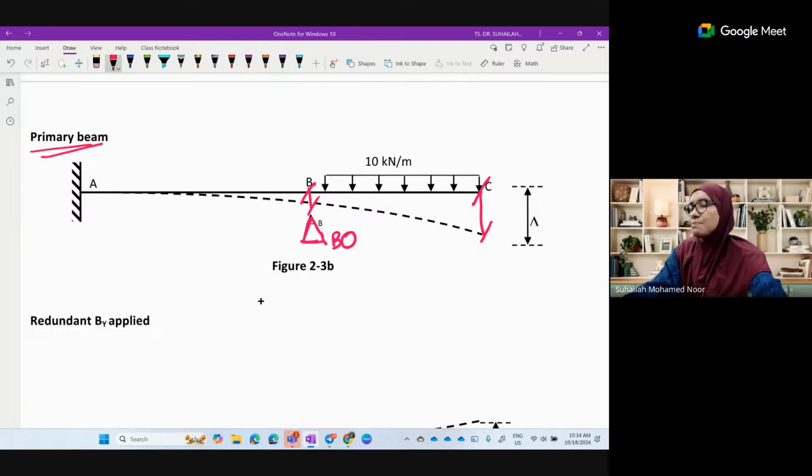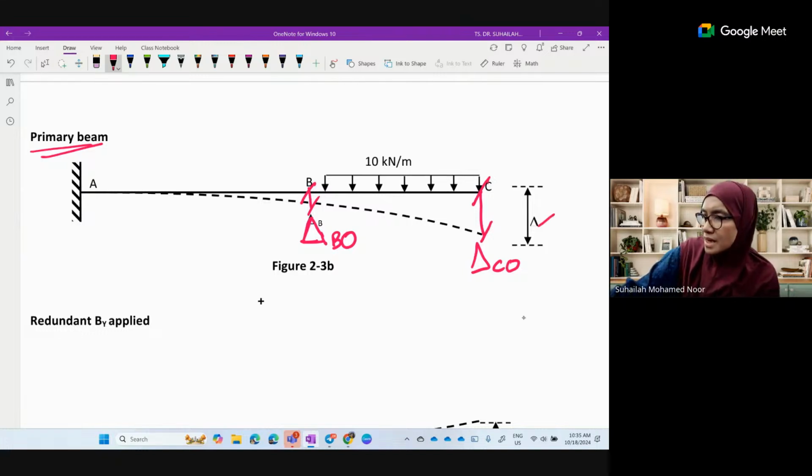Okay, so delta B naught is deflection. The first notation is for the position, delta B position, naught is for the beam, for type of beam. Okay, second one, dekat C, delta at C for primary beam.